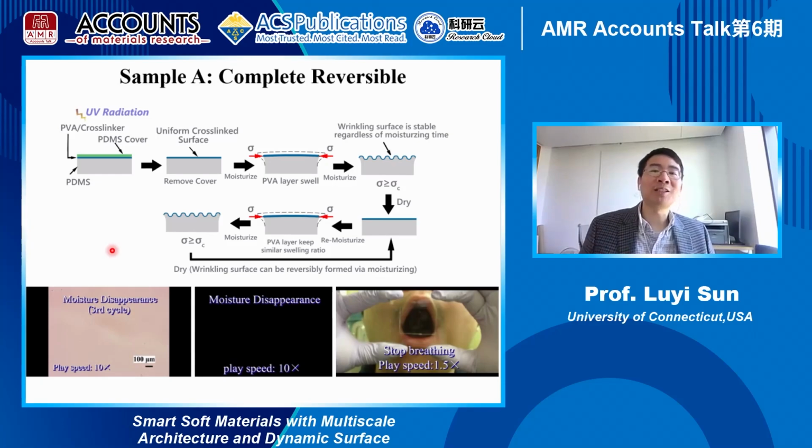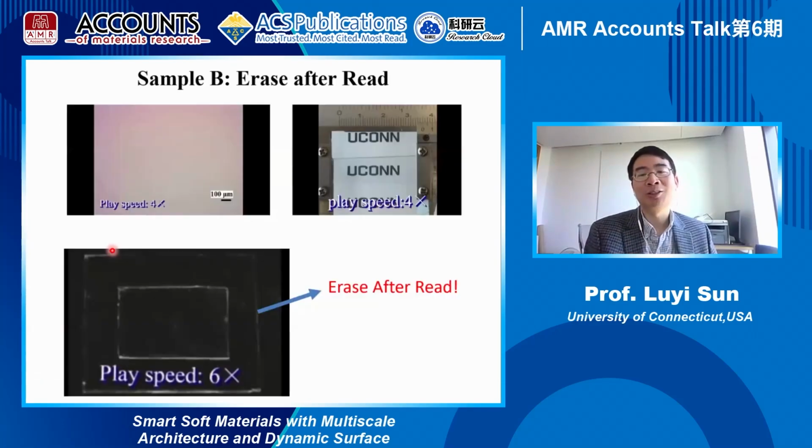So for the second scenario, we would like to generate wrinkles and then erase wrinkles completely. And this is kind of more demanding, but we are lucky that the PVA we used, polyvinyl alcohol, happened to be highly sensitive to moisture, and it can be plasticized by water.